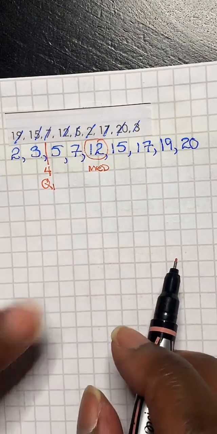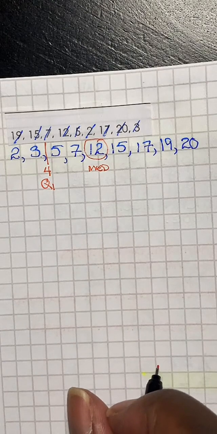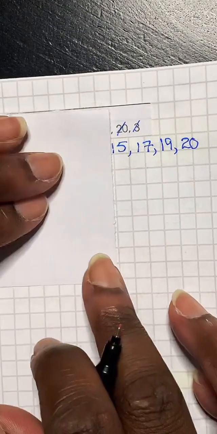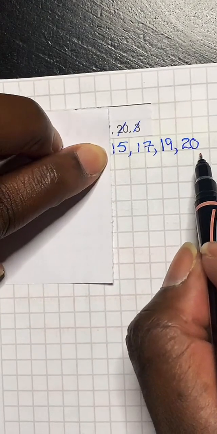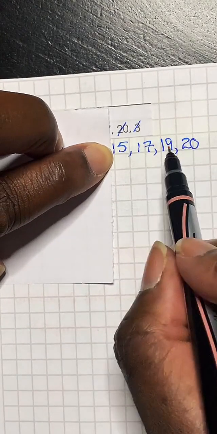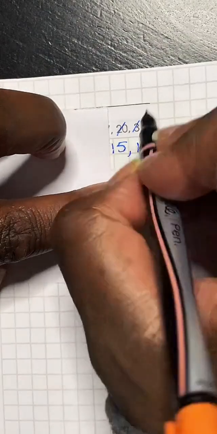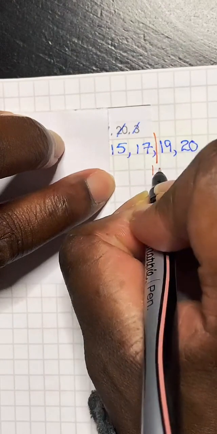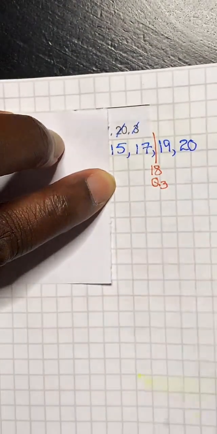So now, I don't know what happened to my piece of paper. Oh, here it is. I cleaned my desk and I'm like, now I feel lost, which is so weird. Okay, so now for my upper quartile, I got 15, 17, 19, and 20. So if I count towards the middle, the number between 17 and 19, that's going to be 18. And that's my Q3.